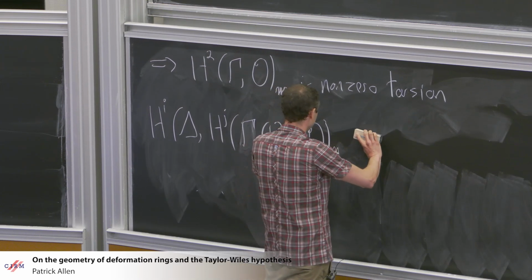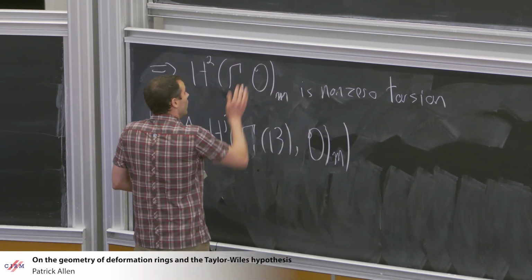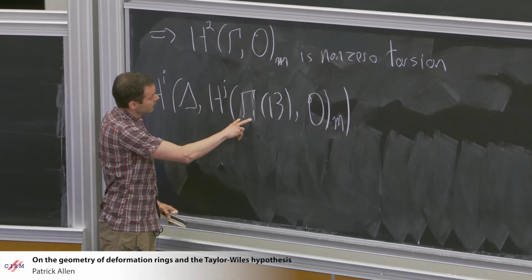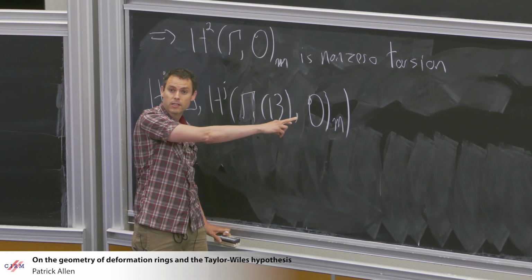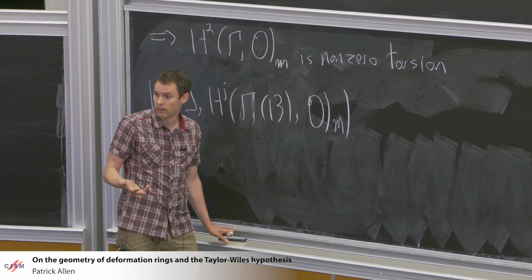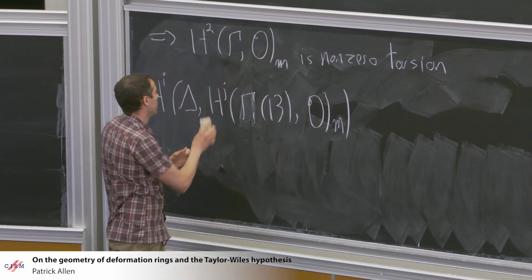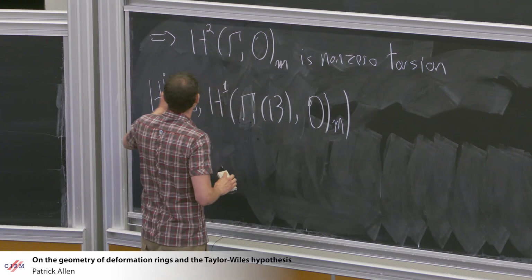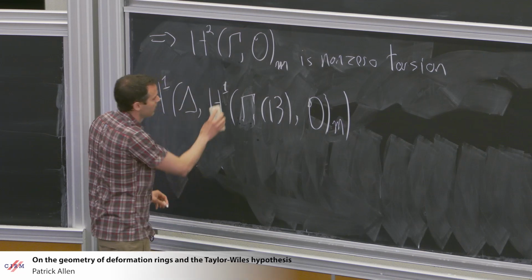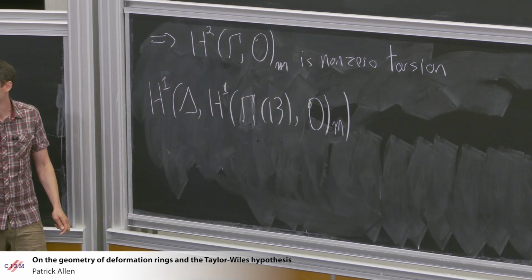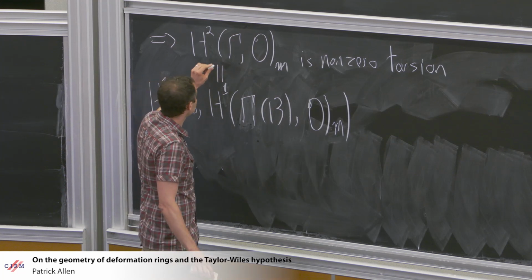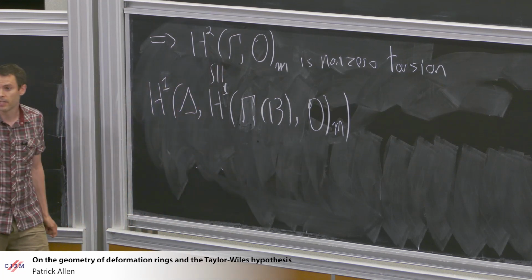Sorry, this O is localized at M. Now we know what level gamma 1(3) looks like, right? When we localize it at a non-Eisenstein maximal ideal, everything dies except for the H1. So really this class is coming from an H1 of this finite group acting on the H1 at level gamma 1(3). So this has to be an isomorphism.